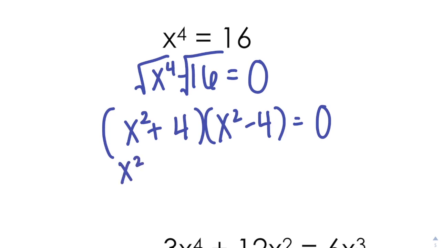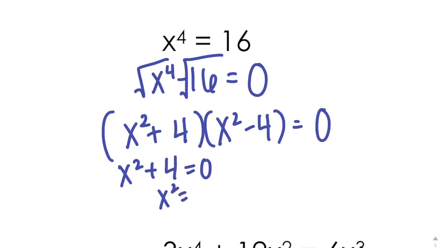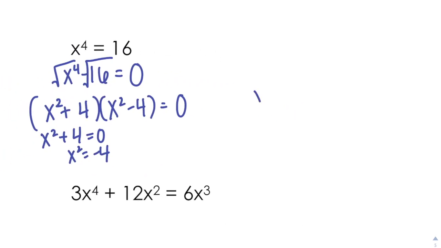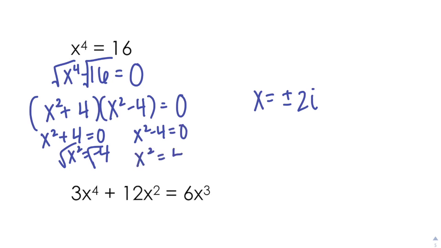So x squared plus 4 could equal 0. Subtract 4, we just did this on the last one. If x squared equals -4, then x could be plus or minus 2i after square rooting it. Over here, I have x squared minus 4 equals 0, so I get a positive 4, which you're allowed to square root without an i, and so it could be plus or minus 2.